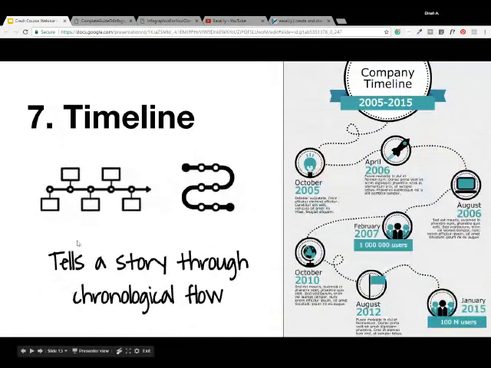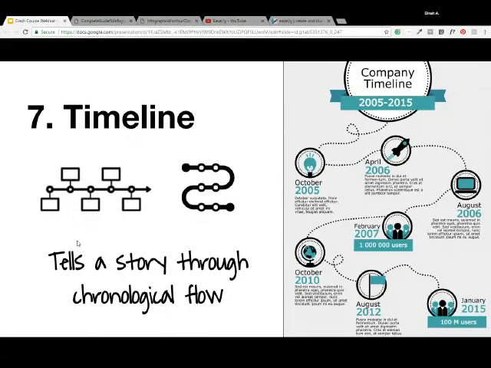Okay. The last one I want to cover is the timeline. This is one of the easiest ways to, again, start creating an infographic. Everyone has a story, whether it's about themselves or their company, so a timeline tells a story through chronological flow.